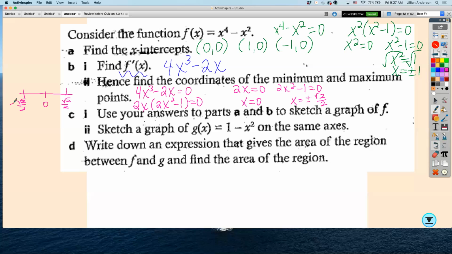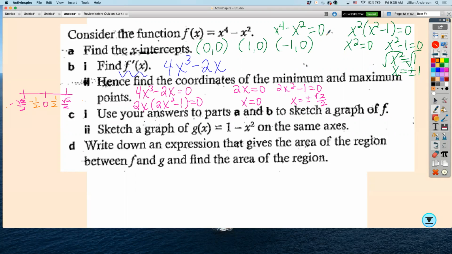What value is in between 0 and root 2 over 2? 1/2. Okay. I'll plug in some test points into the derivative to see if it's going to be positive or negative. That will help me in my next part, which is asking me to sketch the graph of f. And it will also tell me where exactly there are minimums and maximums.